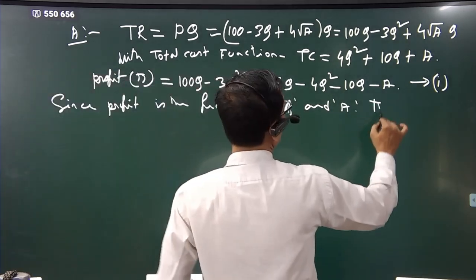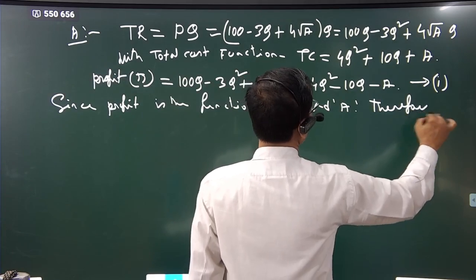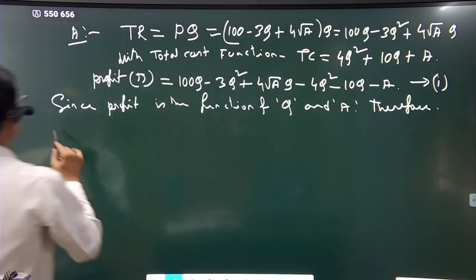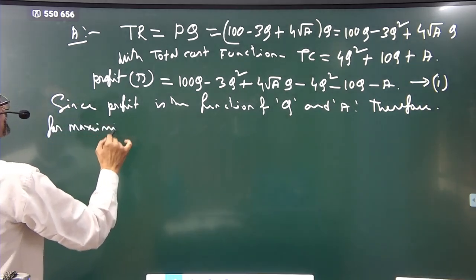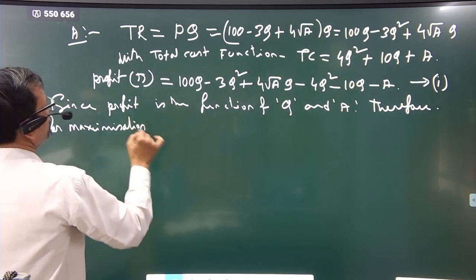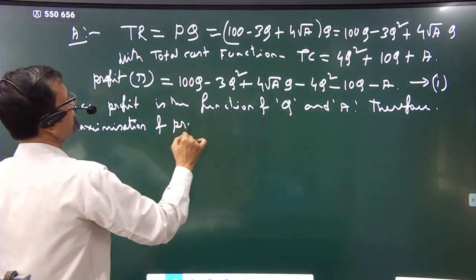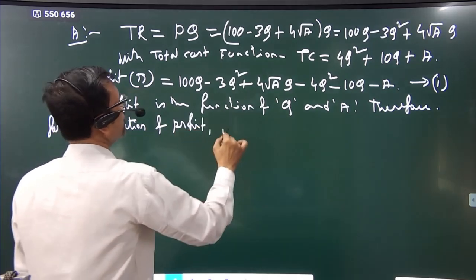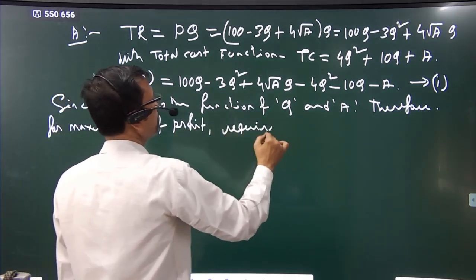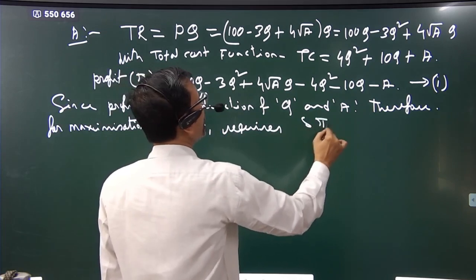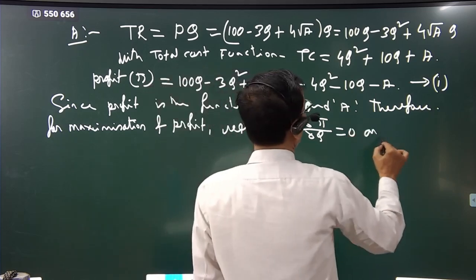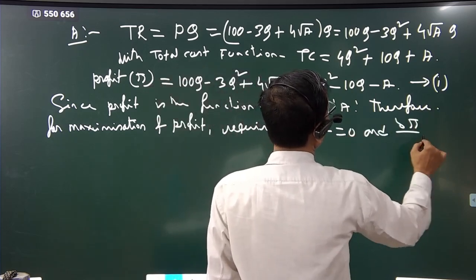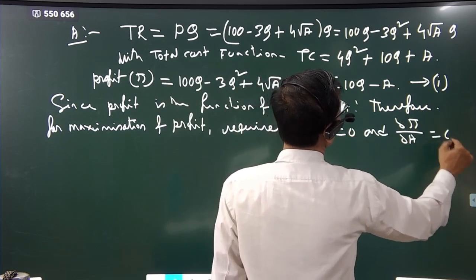Therefore, maximization of profit requires del pi by del Q is equal to 0 and del pi by del A is equal to 0.